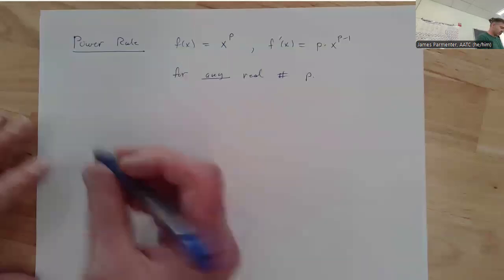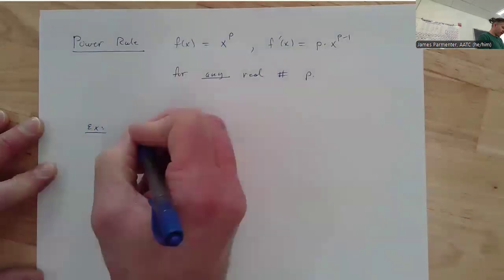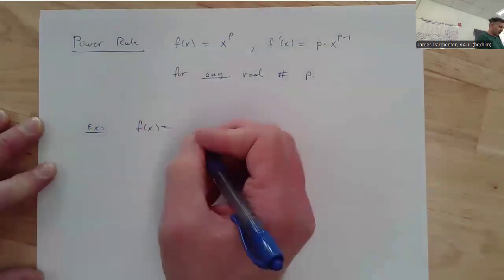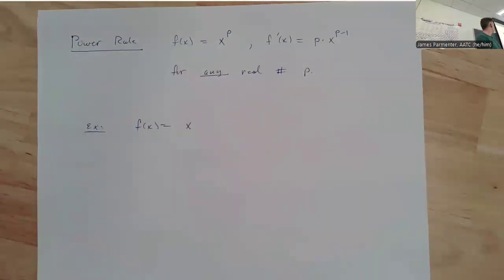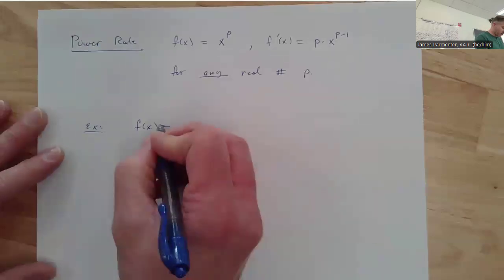For example, if f of x is equal to x, well, you know what the derivative of x is already. What's the slope of the line y equals x? There's your derivative, right? If your function is a line, the derivative is just the slope of that line. But it also works if we use the power rule.